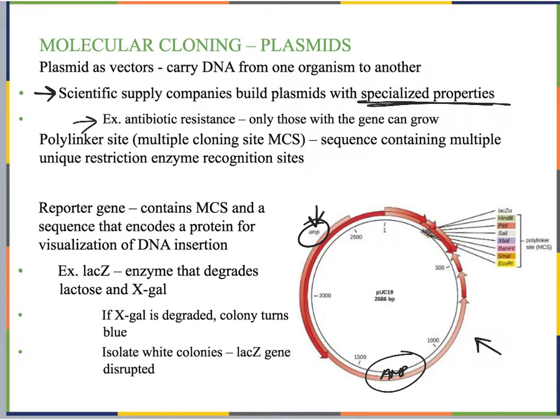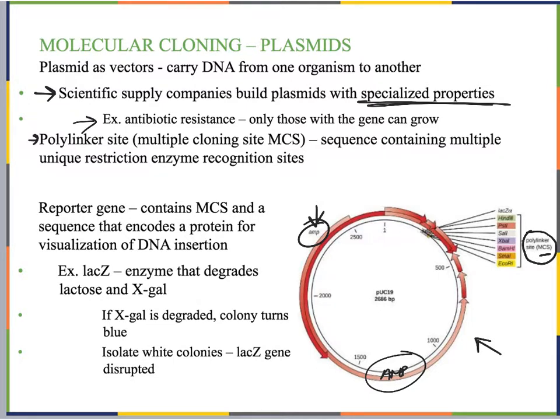So another piece to that, which I was starting to talk about, is called the polylinker site, or the multiple cloning site, the MCS. So you can see here, the polylinker site, or the MCS. The MCS, as it says, is the sequence containing multiple unique restriction enzyme recognition sites. What that means is this has been specifically designed to allow different types of restriction enzymes to cut in this MCS region, or the polylinker site.